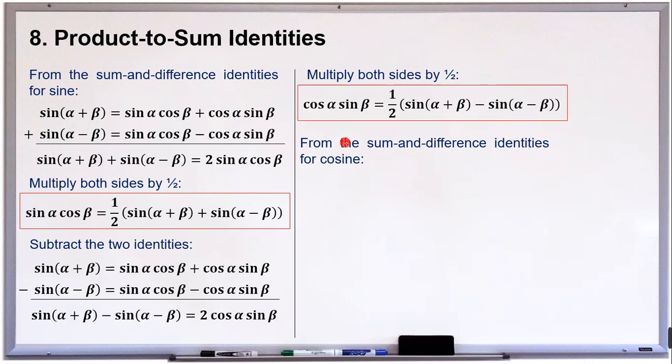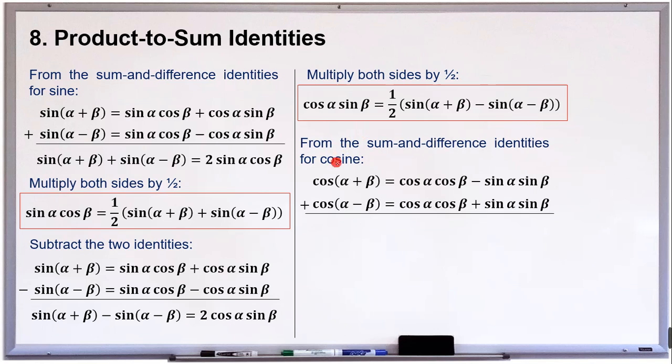Okay, let's proceed to the sum and difference identities for cosine. For cosine, we have these two equations. If we add these two, it will become cosine of alpha plus beta plus cosine of alpha minus beta. As you can see in the first term, both of these terms are alike, and since the operation is addition, we have here 2 cosine alpha cosine beta.